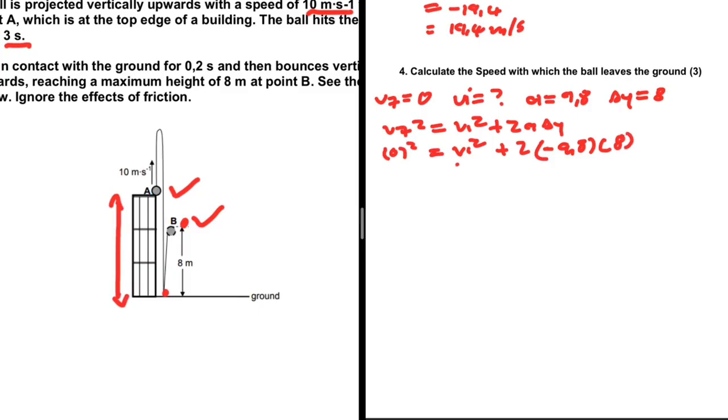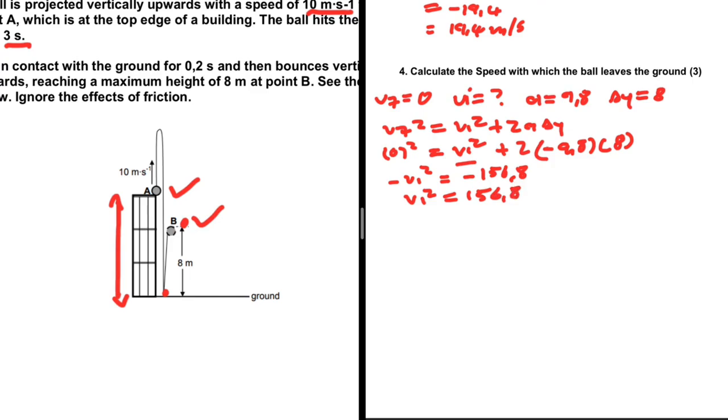Okay, so if we take vi squared to the left hand side, we're going to have minus vi squared. So minus vi squared is equal to minus 156.8. Dividing both sides by minus 1, vi squared is equal to 156.8.